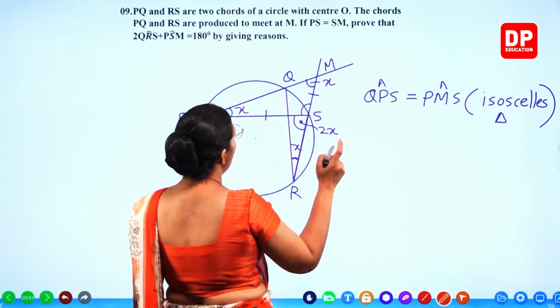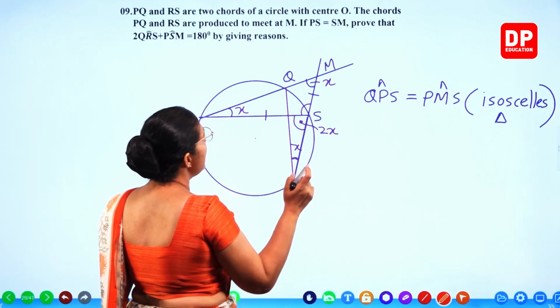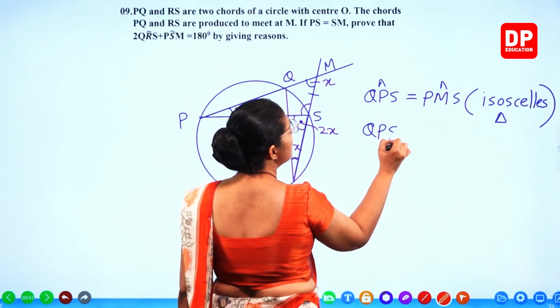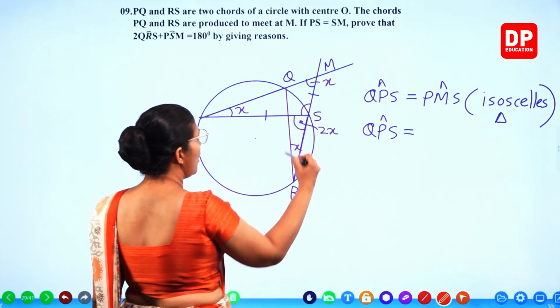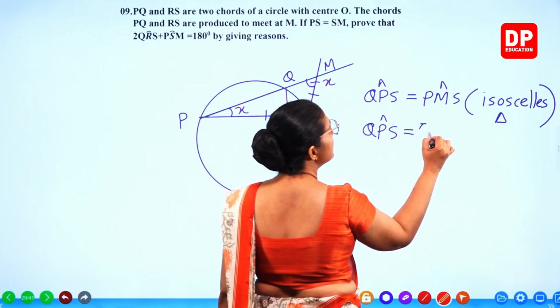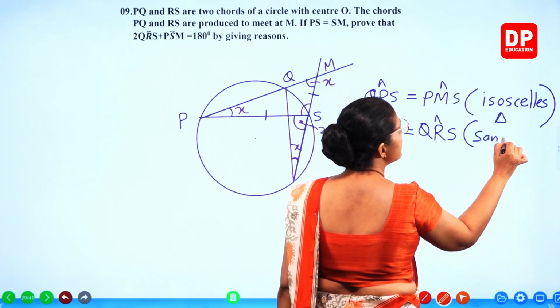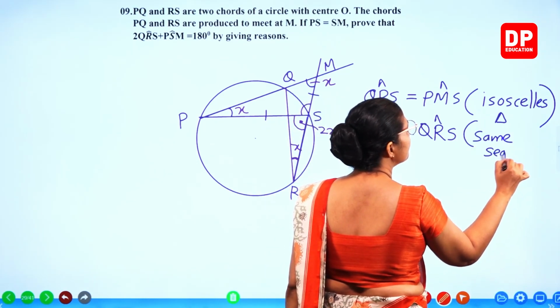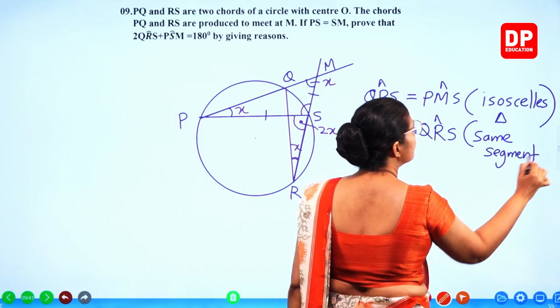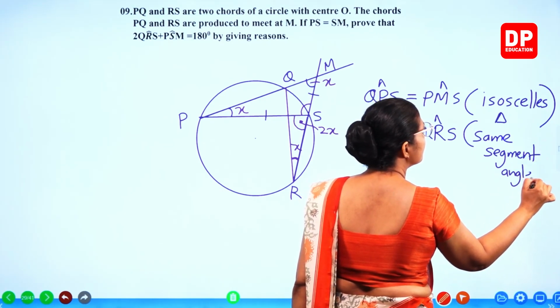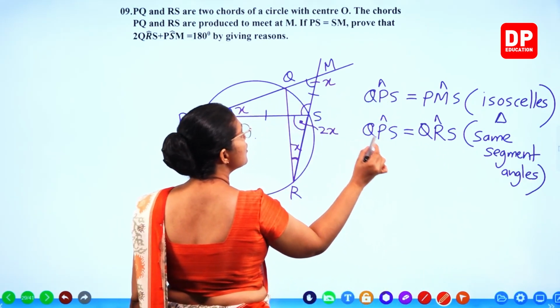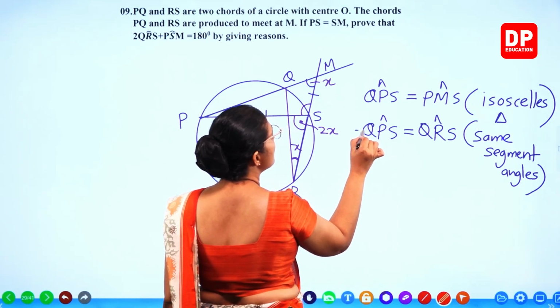And we know QPS angle is equal to QRS angle. That's same segment angles. So that's equal to X. We took it as X.